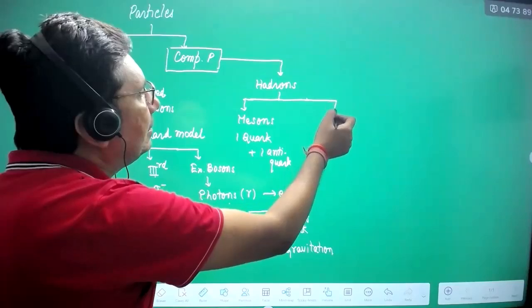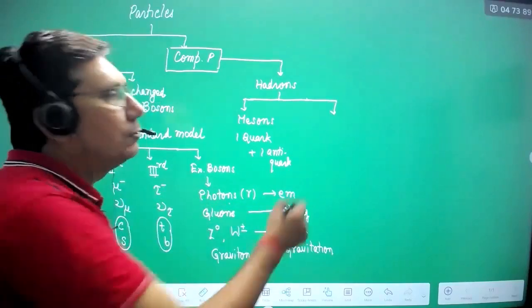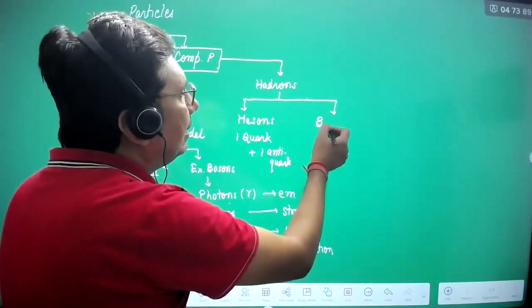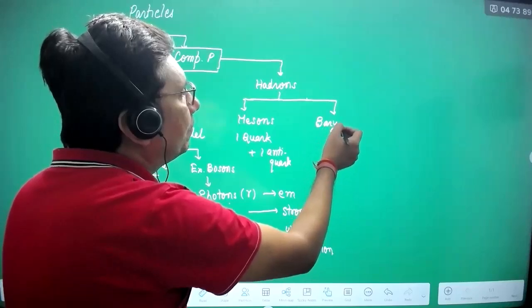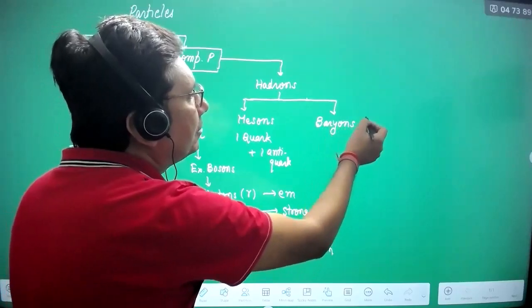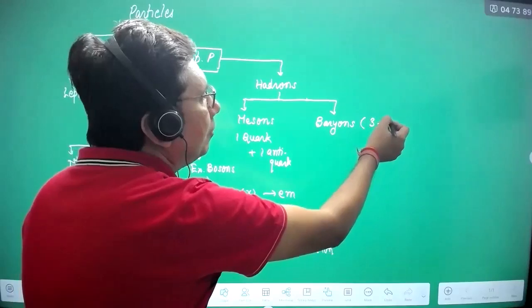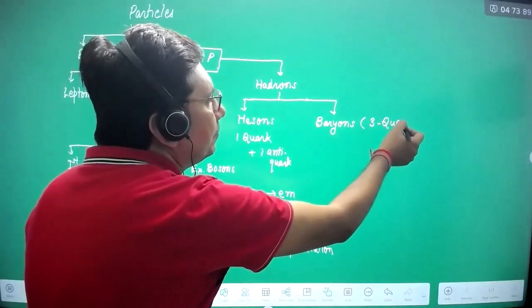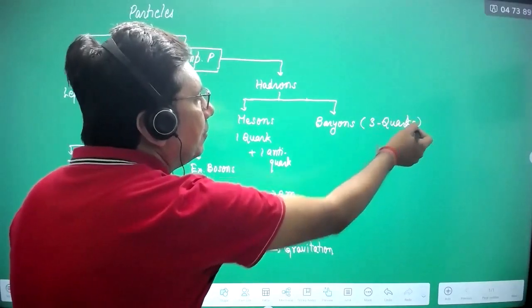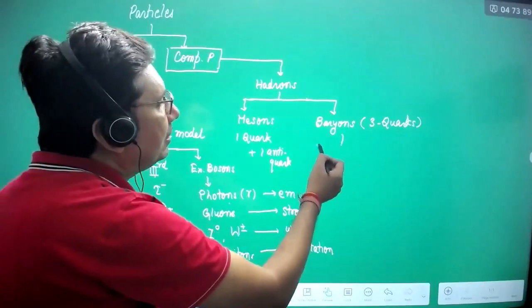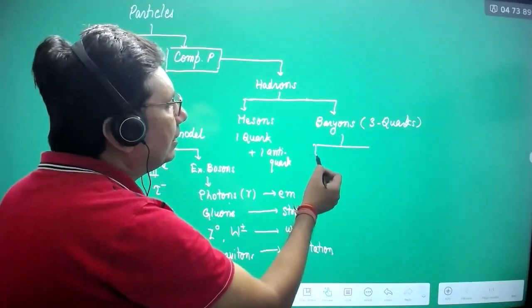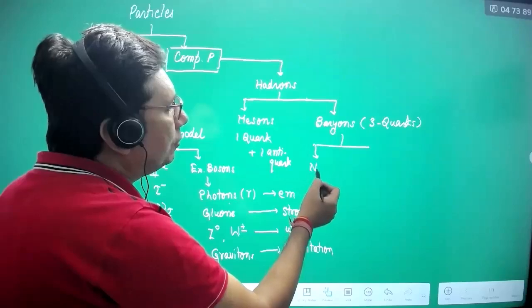The second category is baryons. Baryons are made up of 3 quarks. Baryons can be classified into 2 categories. One is nucleons.